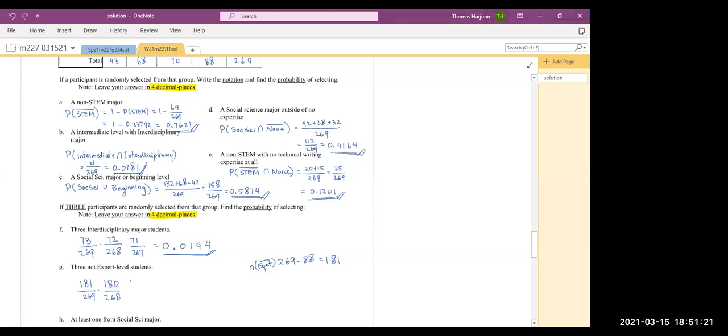And then the probability the third one is not expert is 179 over 267. We have 3 students, all 3 of them to be non-expert. 0.2878. Hold on.